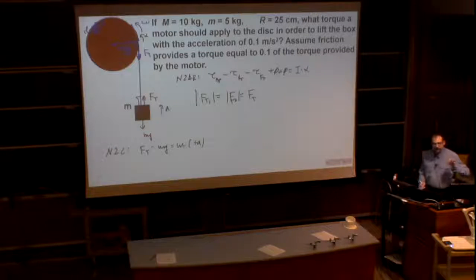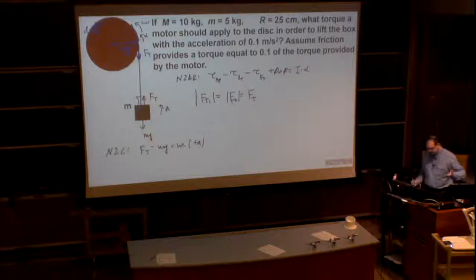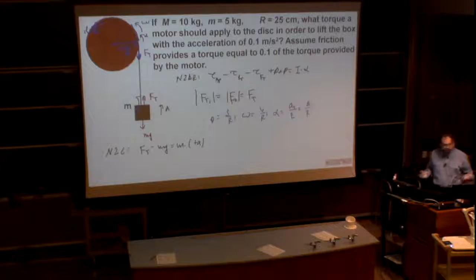This dot travels exactly the same distance, and that means the linear variables and angular variables are related to each other by a standard set of equations: theta equals S over R, or omega equals V over R, or angular acceleration equals tangential acceleration over R. And tangential acceleration of any dot on the disk will be equal to the linear acceleration of that weight, because the string doesn't stretch.